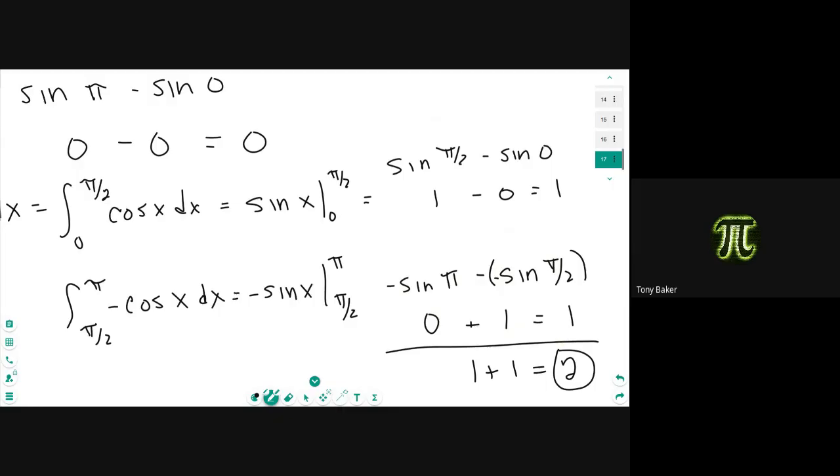Now that area makes a little more sense. That really comes into play when we're looking at a problem like this.